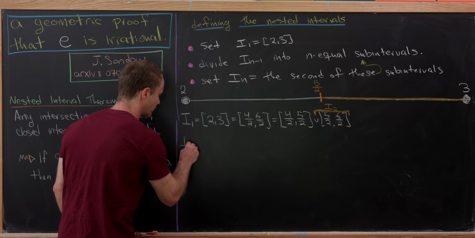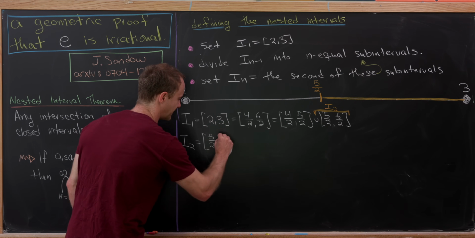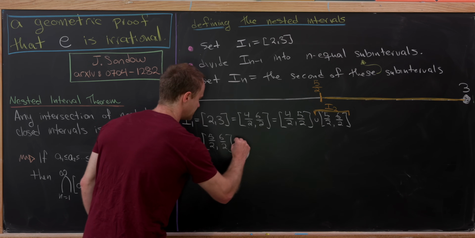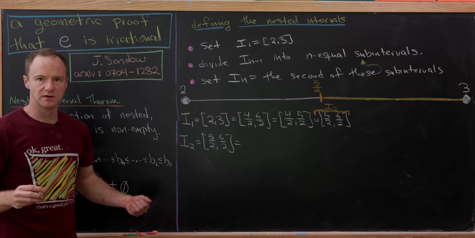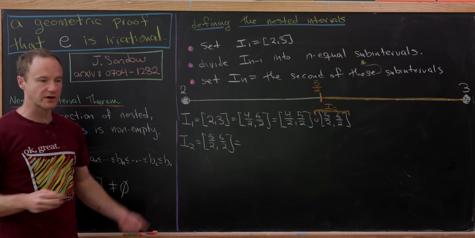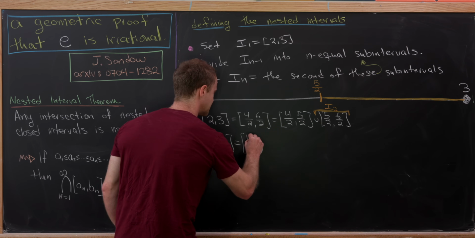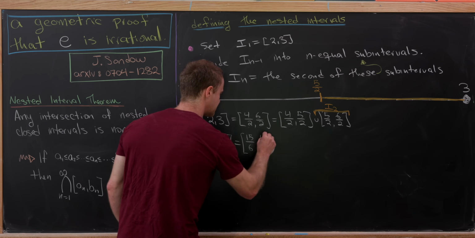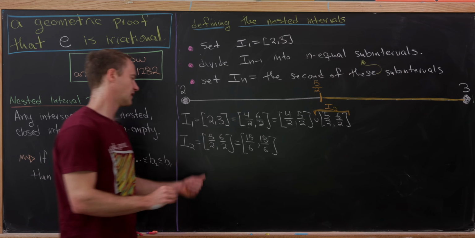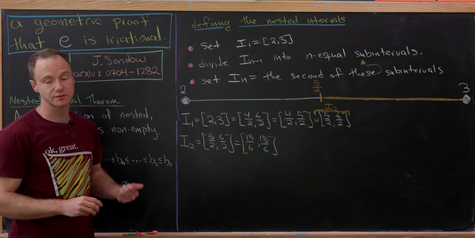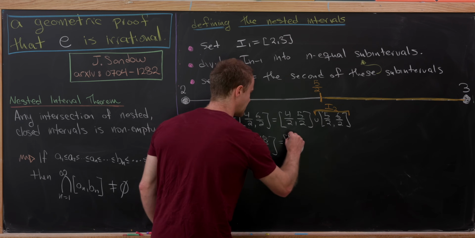And now let's bring this I sub 2 down, which we have, like I said, was 5 halves to 6 halves. And now we want to pull this apart into 3 equal subintervals. But that means we probably want to get a 3 in the denominator as well. So we can do that by writing this as 15 over 6 up to 18 over 6, just by multiplying the denominator as well as the numerator by 3. But now we can pull this apart into 3 equal subintervals.